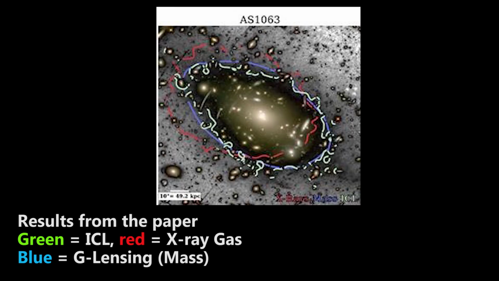And then the following year they released an absolute goldmine of a paper. They looked at how well the intracluster light traces out the dark matter halos and just the general mass distribution of clusters as determined through the X-ray gas and gravitational lensing. They found that the ICL indeed was actually a pretty good tracer of the dark matter halos based on just the cluster that they were looking at.